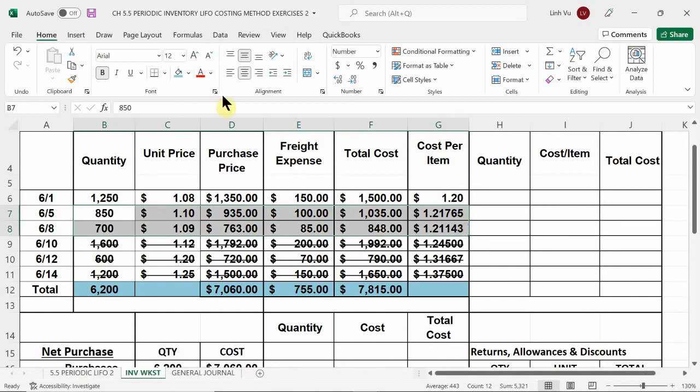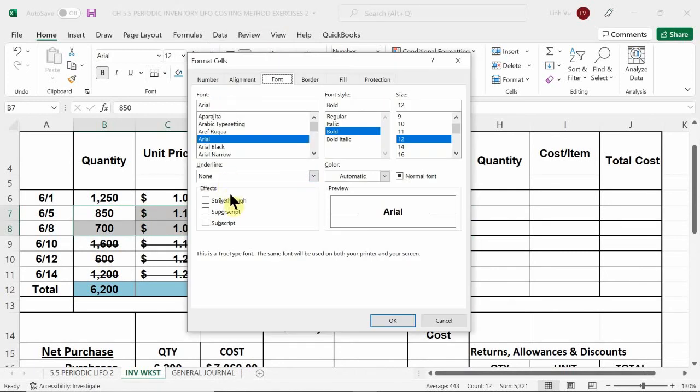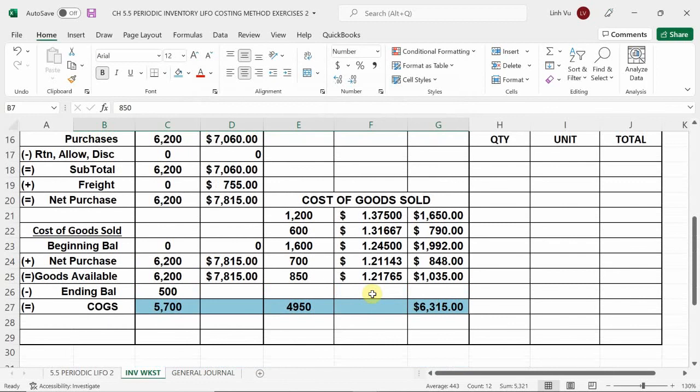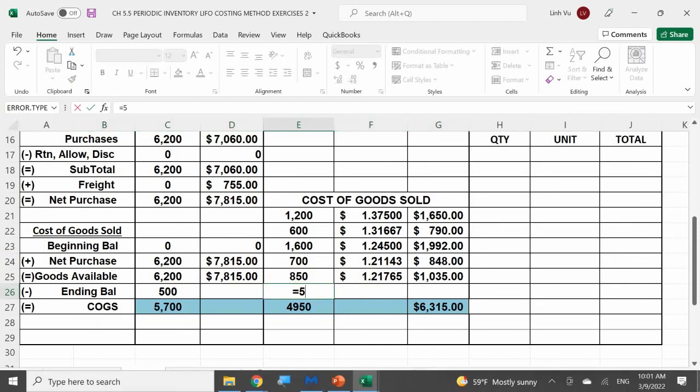Okay. So in this case, since I only have one batch of inventory left, how many units do I need to sell? So right now I'm at 4,950 and I need to get to 5,700. So again, I'm going to do my math here. 5,700 minus 4,950. So how many more items do I need to sell? 750.